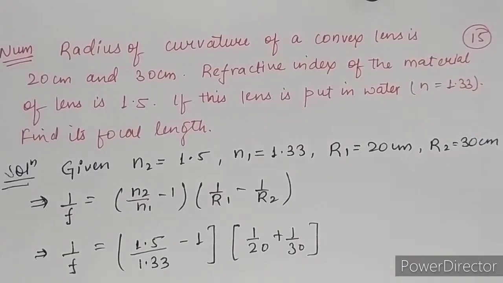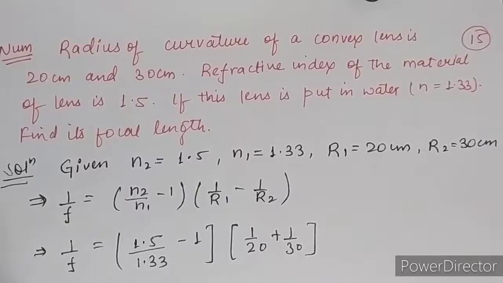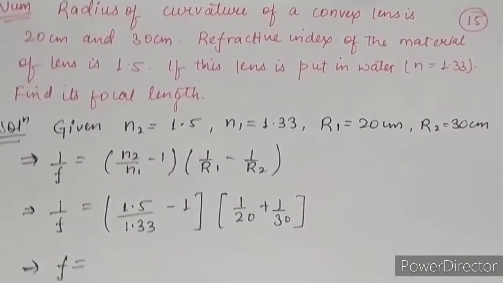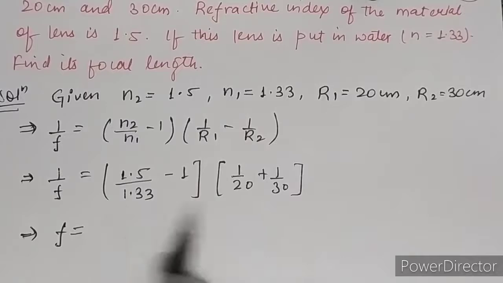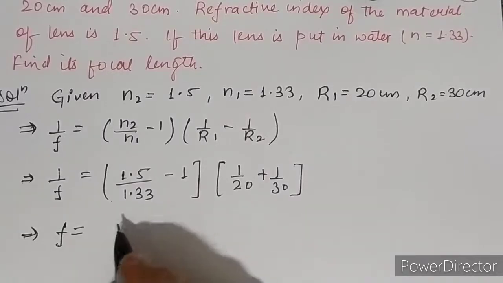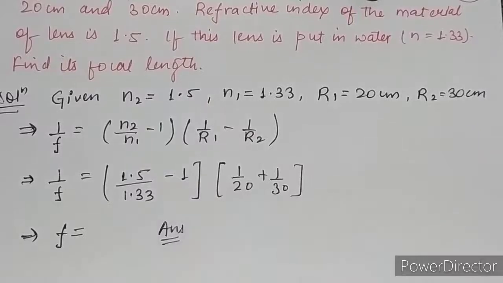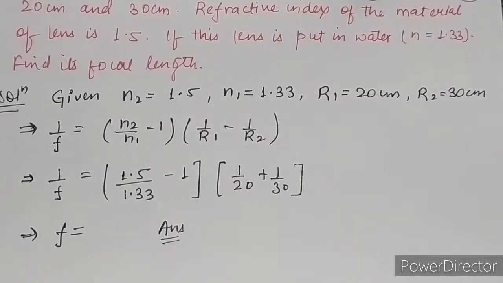Clear? When you solve this equation, you will get the value 96 centimeter. But you have to calculate this answer by your own. Solve this. Okay, clear? So this is your first numerical.